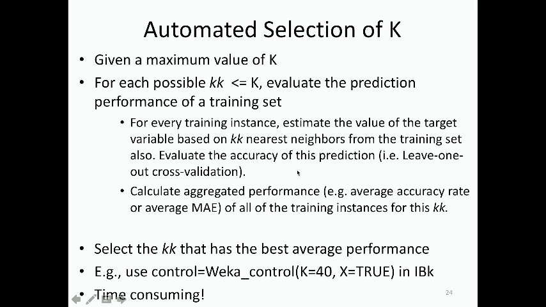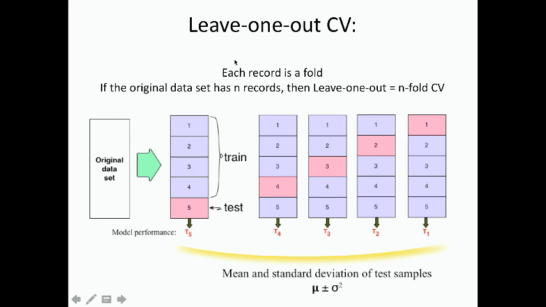This is done by treating our training data as testing data, one instance at a time, while the whole training data set is still the training data set, but you pull one instance out. So this is essentially the same as what's called leave one out cross-validation, which I will just briefly mention.